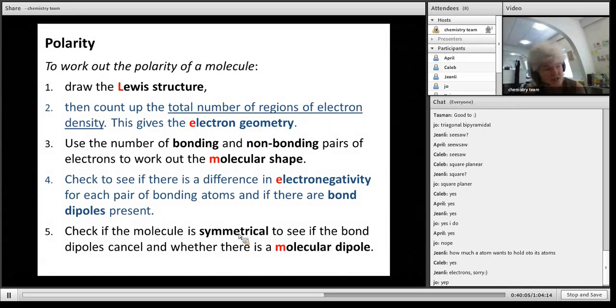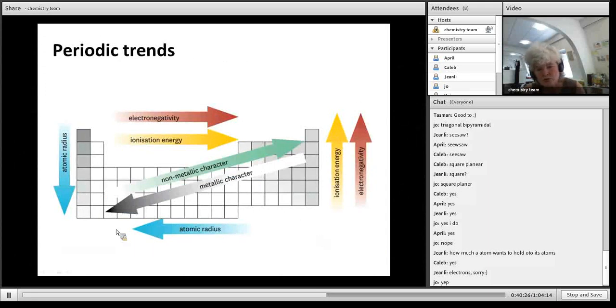If the bond dipoles don't cancel, because the molecule is not symmetrical, either in shape or atoms or both, then there will be a molecular dipole, like that yellow arrow you saw in HF. So that's a lot to take in, so let's do some examples. You are not expected to know the individual values for electronegativity.